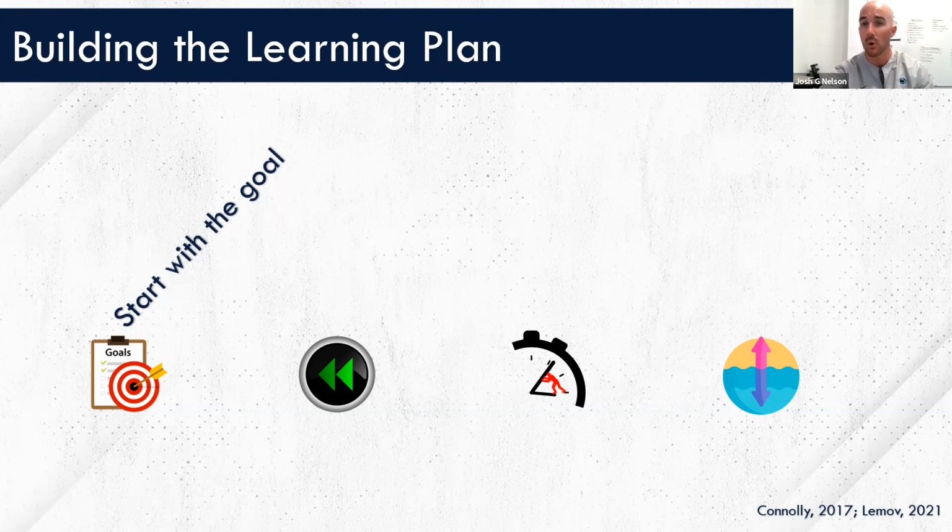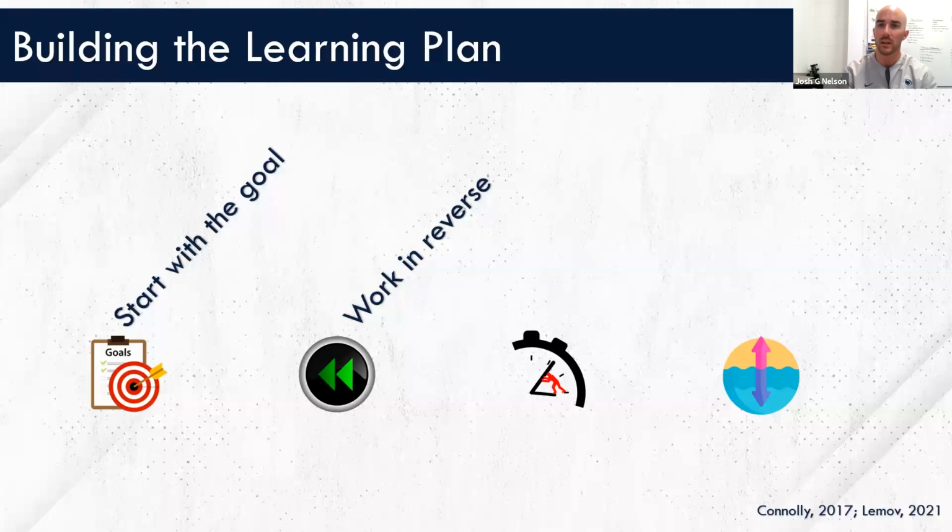The second thing, after I know where I'm heading, is I'm going to work backwards, in reverse. So, reverse engineering. I know where I need to be, and I'm going to strategically work backwards to ramp myself up to that. Along that period of time, I'm going to have benchmarks. At the end of each week, I'm going to assess my athletes and say, hey, are we improving?